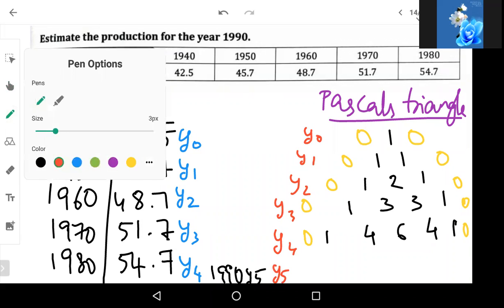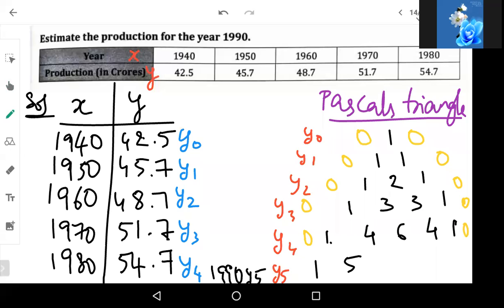So, what are the coefficients? 1, 5, 4 plus 1 is 5, 4 plus 6 is 10, again 10, 5 and 1.